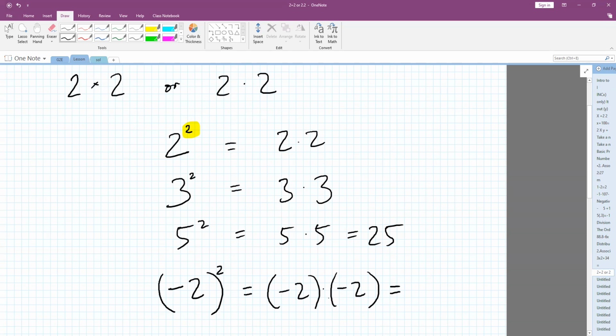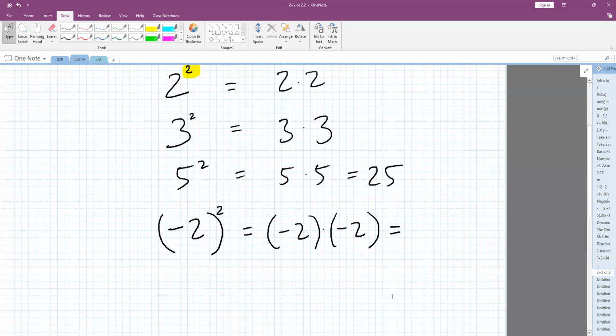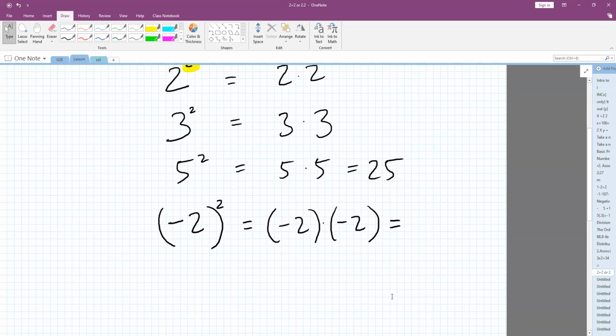So what is negative 2 times negative 2? What is negative times negative? If you have plus times plus, what does it give you?